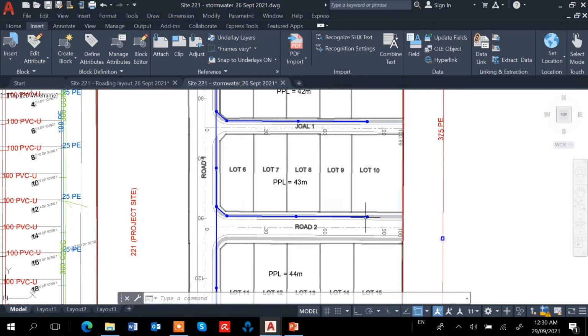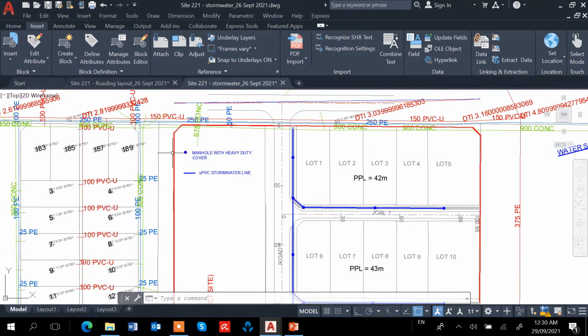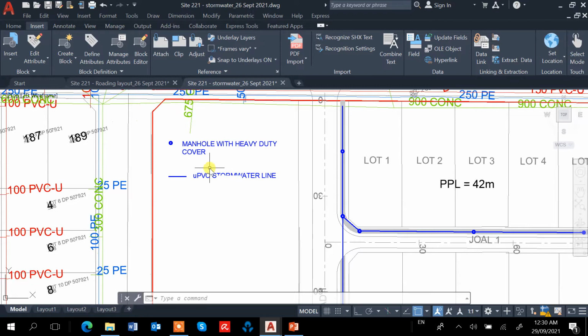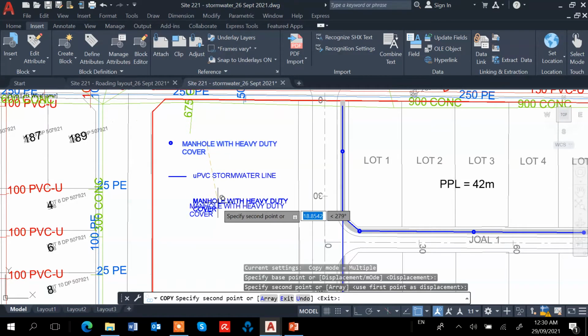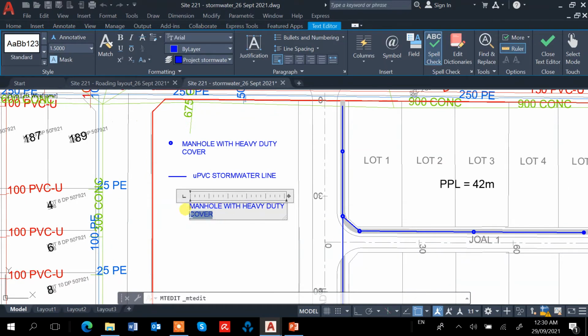So introduce the manhole, and then we need to name the manhole as well. Let's say manhole 1, 2. Just copy this one, copy and change it to manhole 1, starting from 1. MH1. Probably I just bold it.